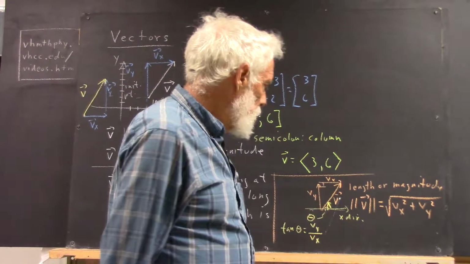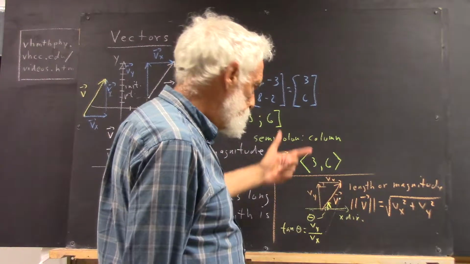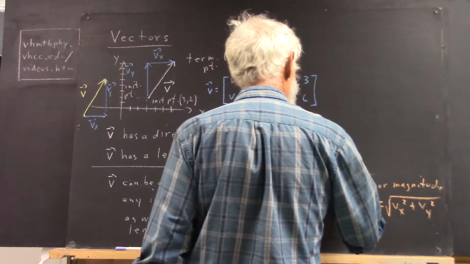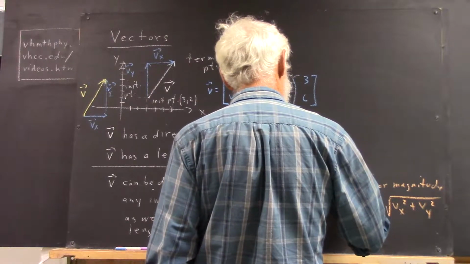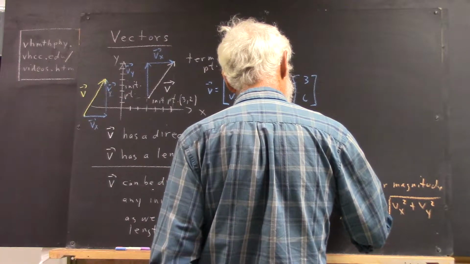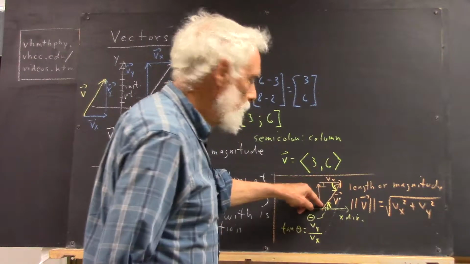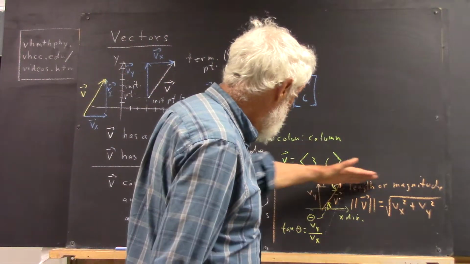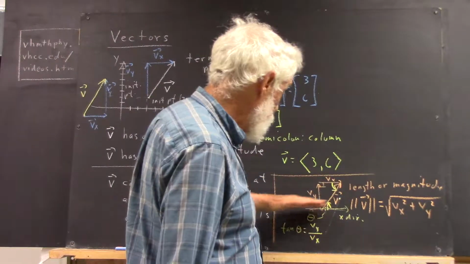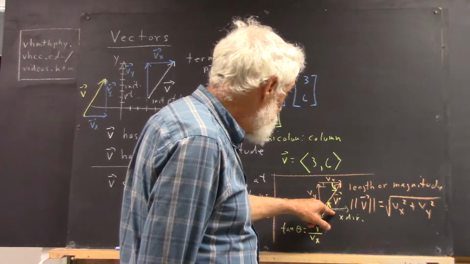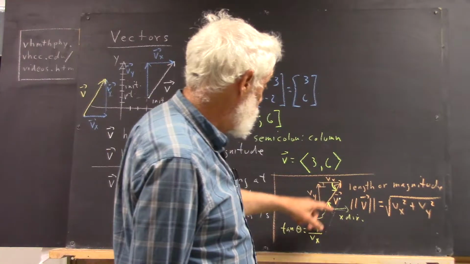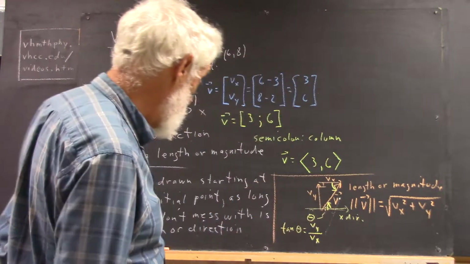Well, the way I've drawn this here, and this way is just coincidental, this angle and this angle are identical. Why? Because this is in the x direction, Vx is in the x direction, this is the x direction, so this and this are parallel, and this is just a transversal of a parallel, and you have alternate interior angles.